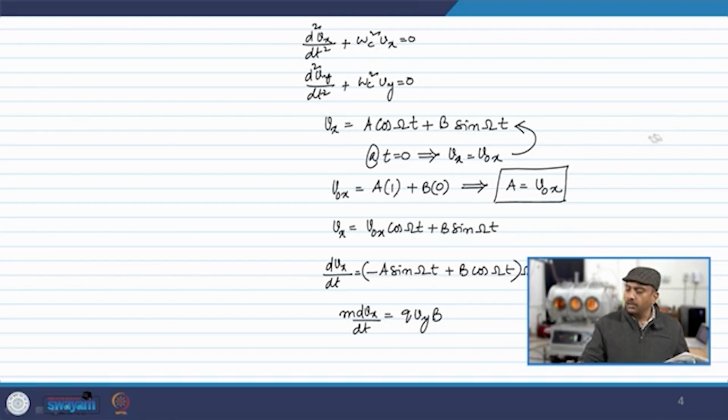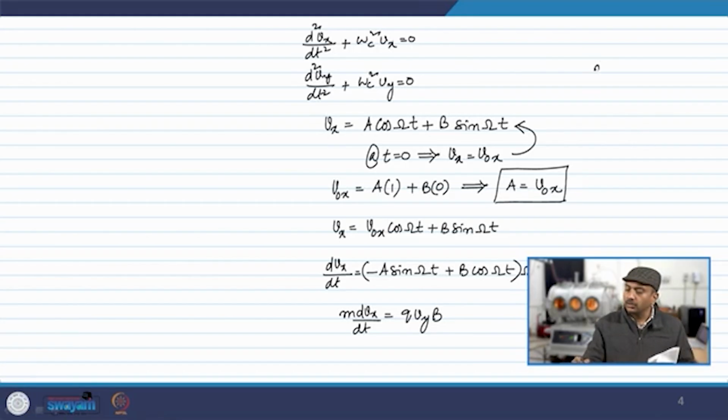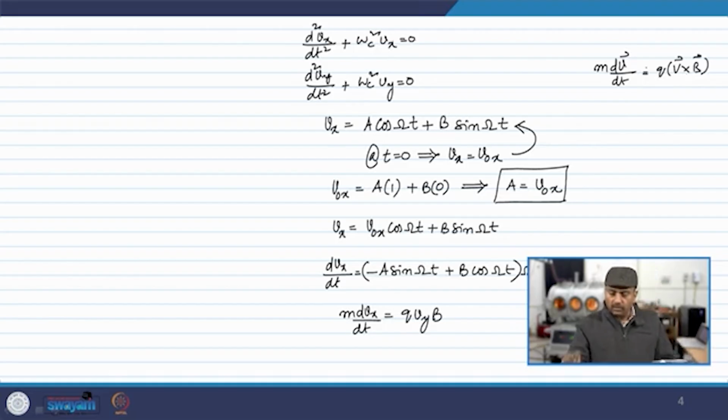Expanding the cross product only gave us 3 equations, by the way. So, this is m dV by dt, it is q times v cross b, right. So, this will give you m dVx by dt is equal to q Vy b, right.